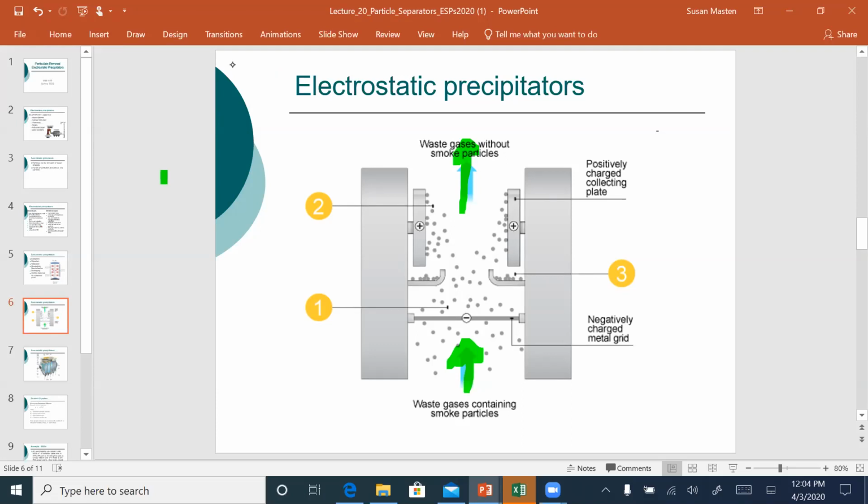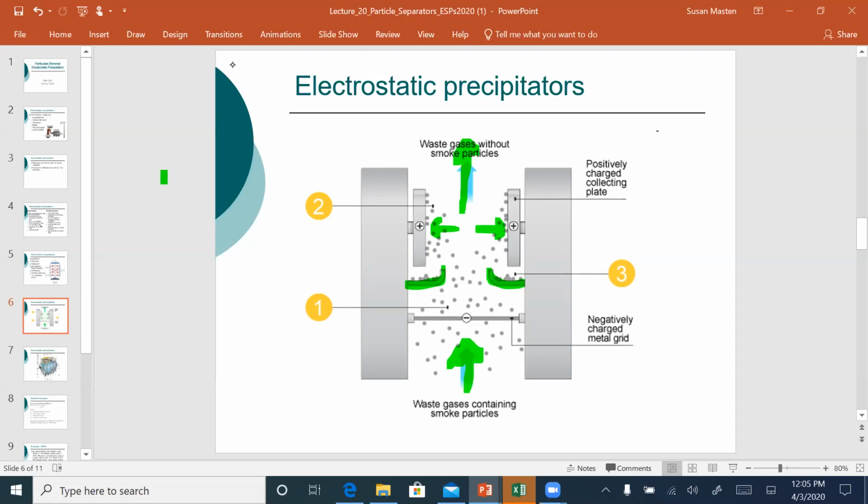You're going to charge these particles. They'll then move towards these collecting plates. They attach to the collecting plates. They'll then collect on these collection devices here, and then they'll be dislodged.